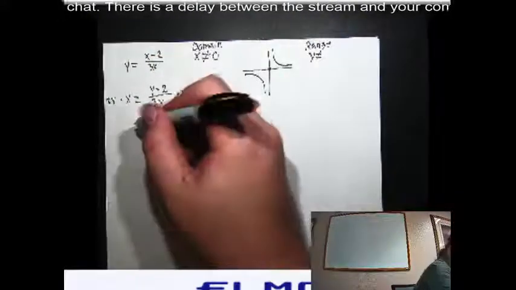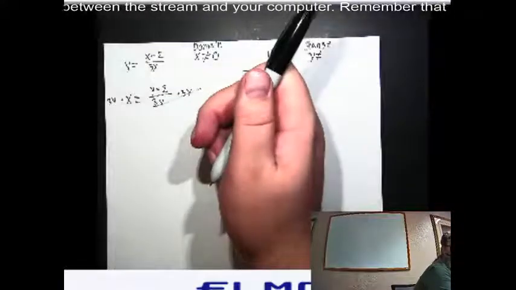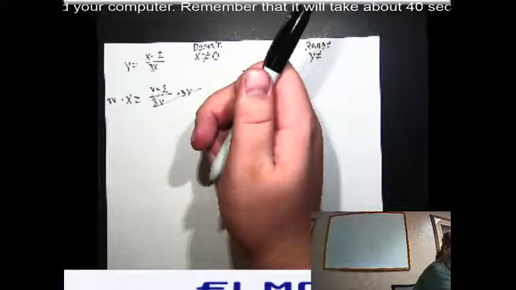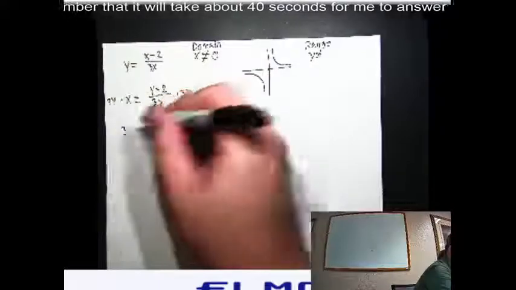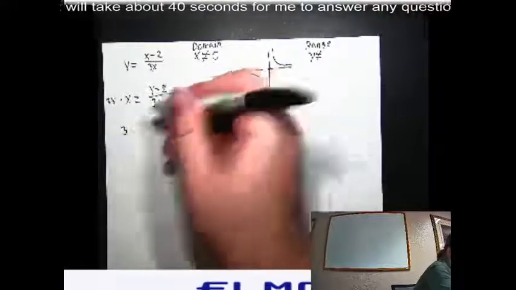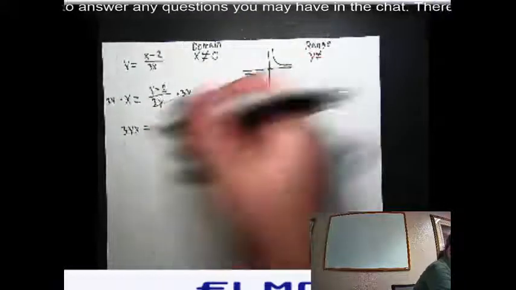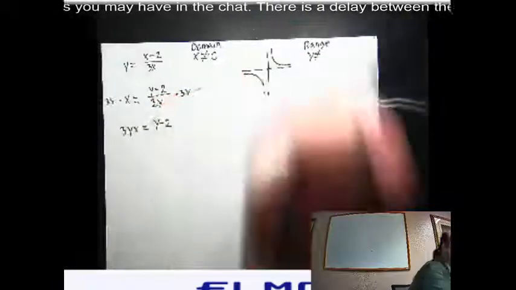So now we have, let's see, what's 3y times x? 3y times x is 3 what? yx or xy, either way you want to put it. I'll put it yx, since that's what you said. Okay, and this is equal to y minus 2.